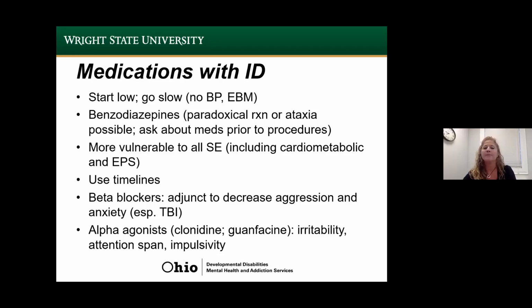We want to be not only looking for these and use caution to prevent these, but we want to be using some kind of screening tool that's universal and standardized and use that more frequently than you would in the general population.